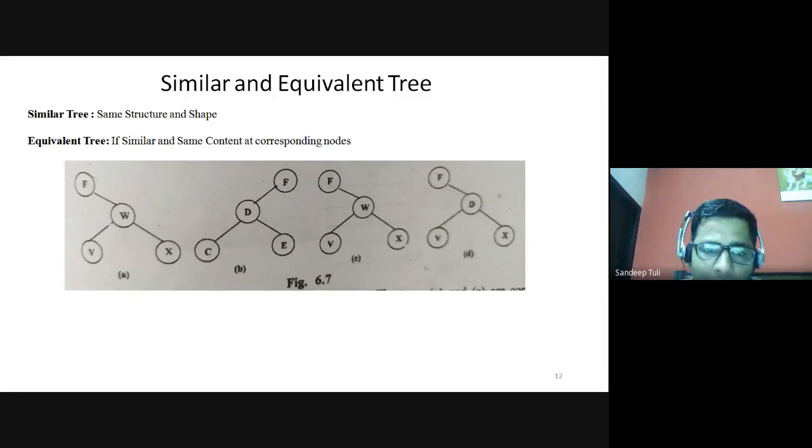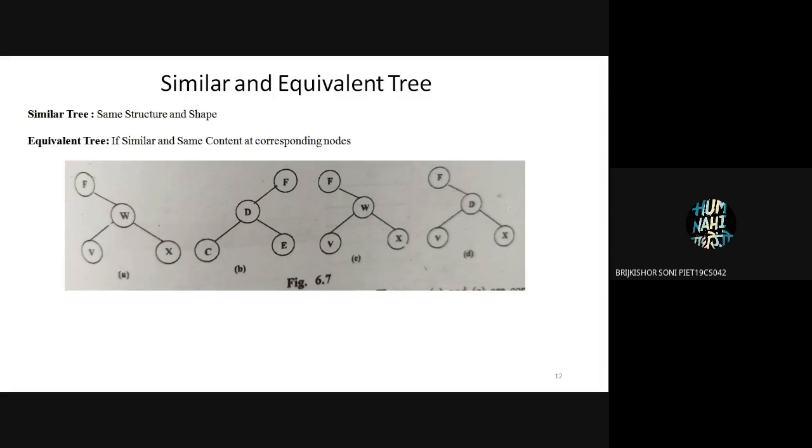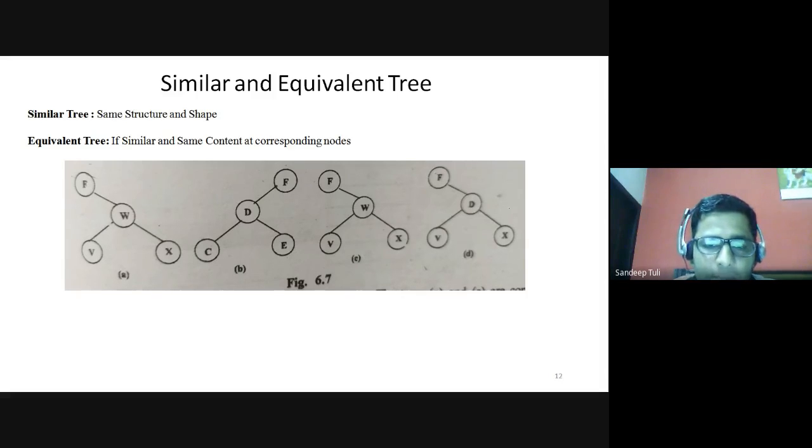But equivalent tree means that if it is similar and the content is also the same, then it is an equivalent tree. So in equivalent, similar is automatically satisfied, plus the content similarity feature is added. Is it okay?